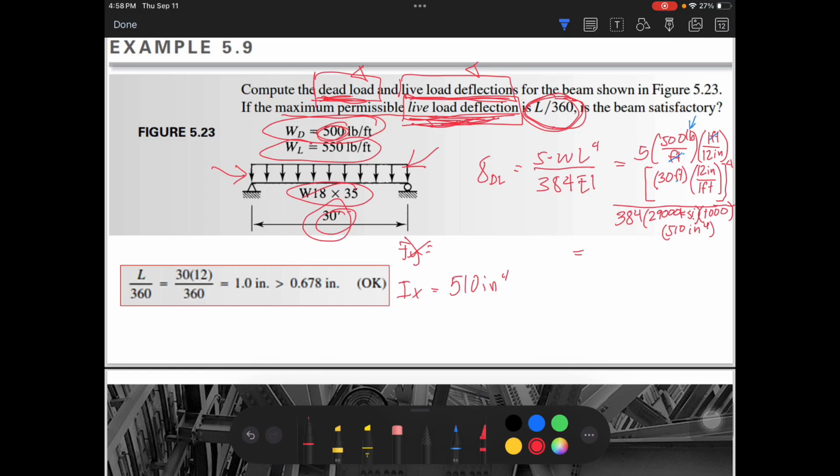Okay, 0.616 inches. This is the deflection due to the dead load.